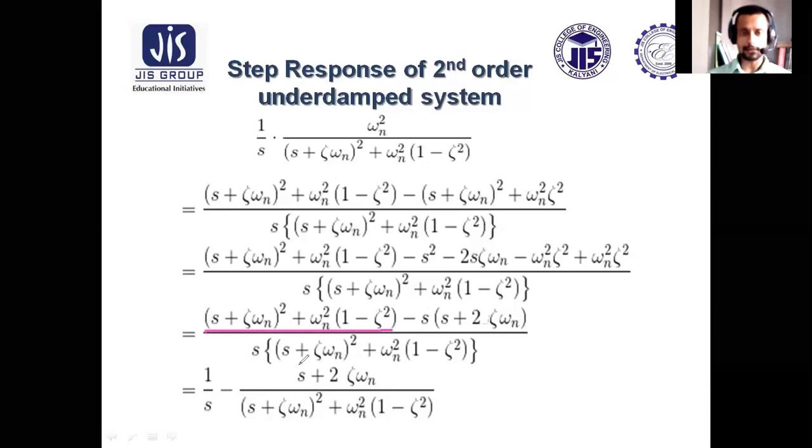This part and the denominator part are the same, only the denominator has one s extra. So this part of the numerator divided by this denominator part will give us 1 by s only. Clear? And this part divided by the denominator, the s will be cancelled. So we'll get s plus 2 zeta omega n divided by this part.